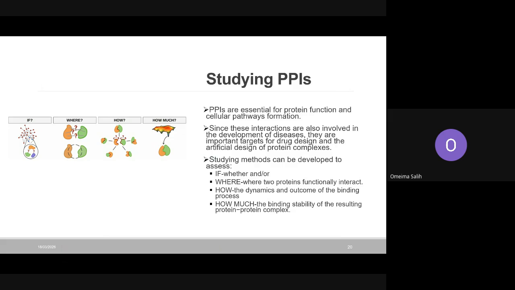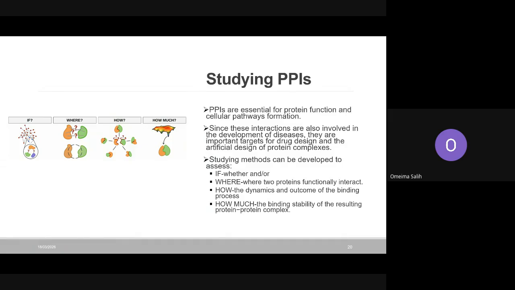So you need to define first what protein you are studying, and its association or interaction with other proteins. This is very important, so that this will help you to select the method you need to study this protein.